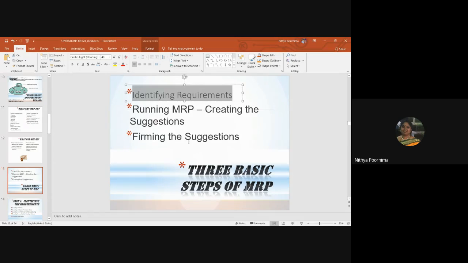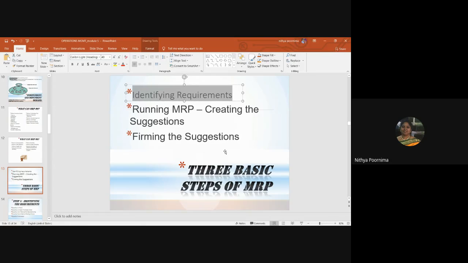Next is firming. Finally you take the best solutions and you firm these suggestions. If you look at the technical way of processing our MRP, first we need to plan our bill of materials, that is, we need to work on the pre-processing plan for our bill of materials.